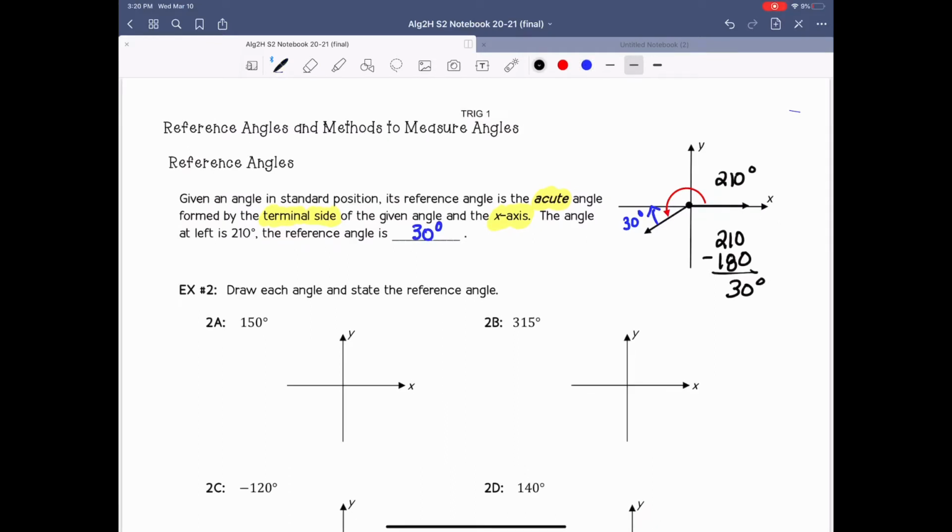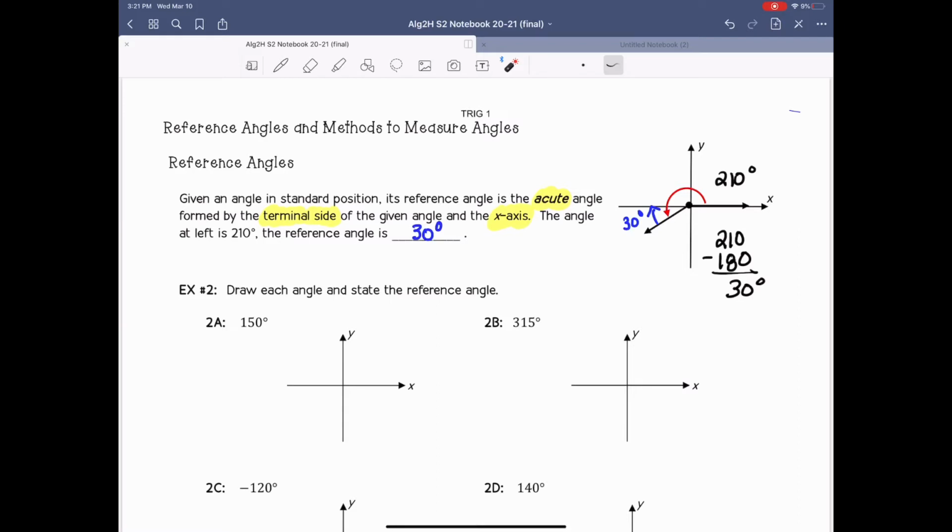Let's do some more practice. So example number 2, draw each angle and state the reference angle. We're going to start with 150 degrees. In order to draw any angle, I always find it useful to know the landmark angles around it, just so that you know kind of where your angle measure is going to fall in relation to the angle measures that we already know.